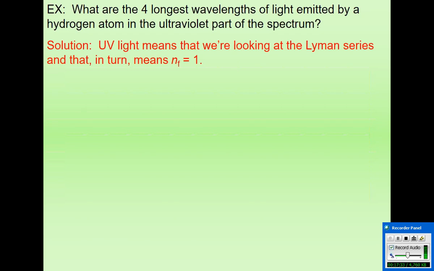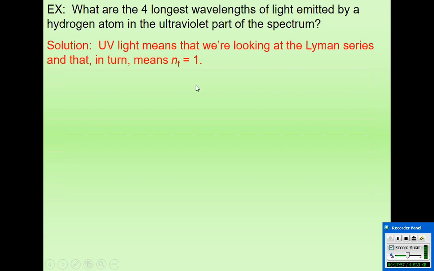The Balmer series gives us the only light emitted in the visible part of the spectrum. But then there are several other series that give us wavelengths in the infrared part of the spectrum. But ultraviolet emission by hydrogen is Lyman series, and n final equals 1. Visible light emission by hydrogen means the Balmer series, and it restricts n final to be 2.